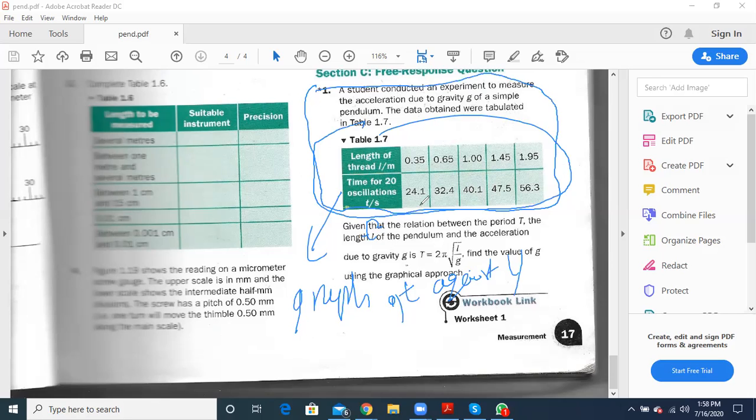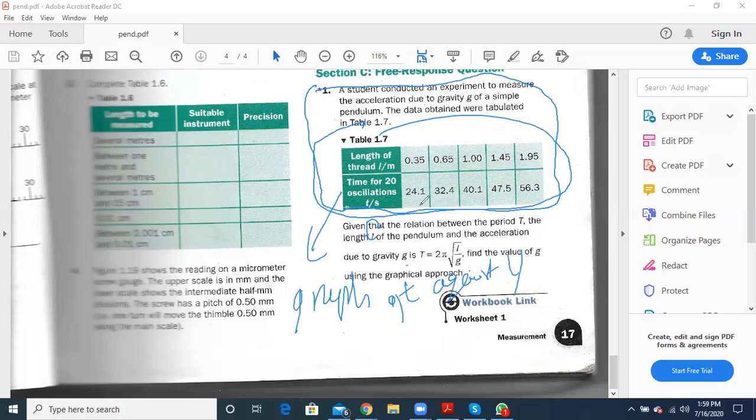So can you, Faria, repeat what you need to do in this question? We have to make a graph of the time period against the length. Length would be on the y-axis and time period would be on the x-axis, right? Good. And then what? Take the square. Very good.